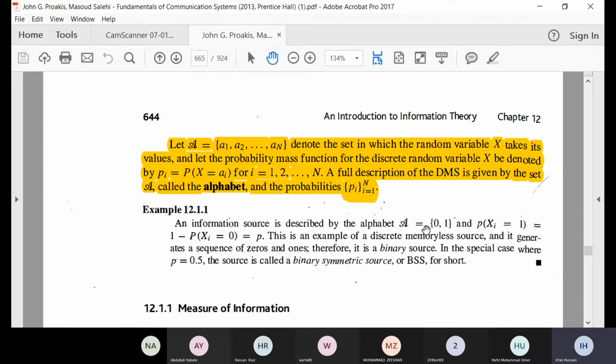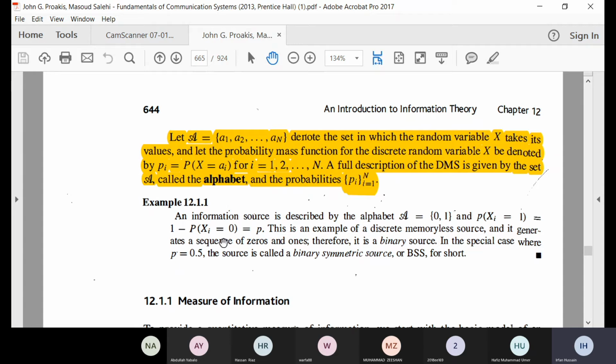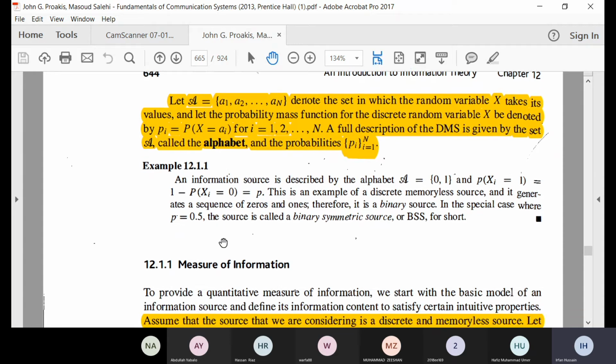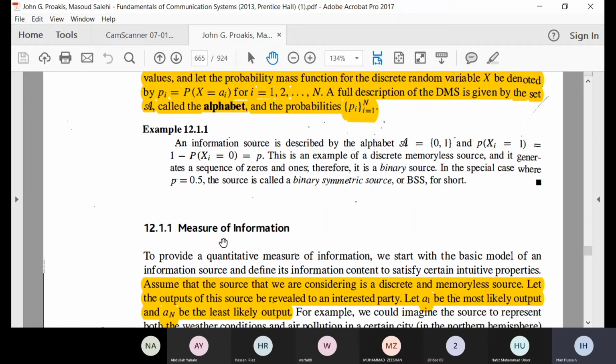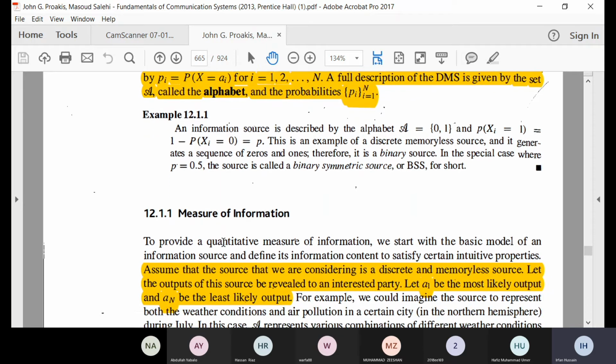For example, if I have a discrete source which has 2 alphabets, 0 and 1, and the probability of 1 is equal to 1 minus the probability of 0, this is an example of a discrete memoryless source. If P is 0.5, both 0 and 1 occur with 0.5 probability. This will become a BSS, or binary symmetric source.